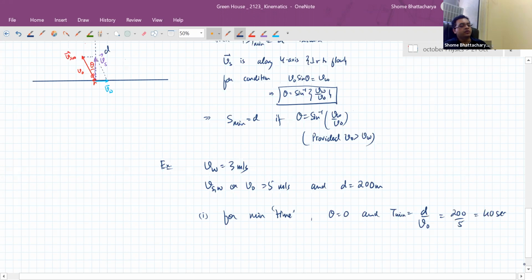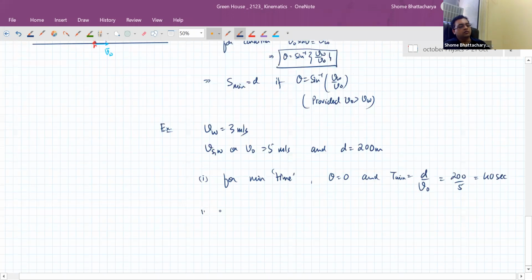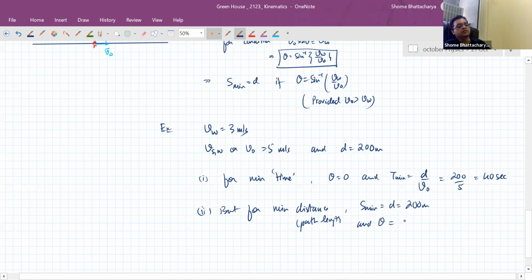Okay, but for minimum distance or path length, the minimum path length here will become d, which will be 200 meters. And theta should be sine inverse of 3 by 5, or 37 degrees.